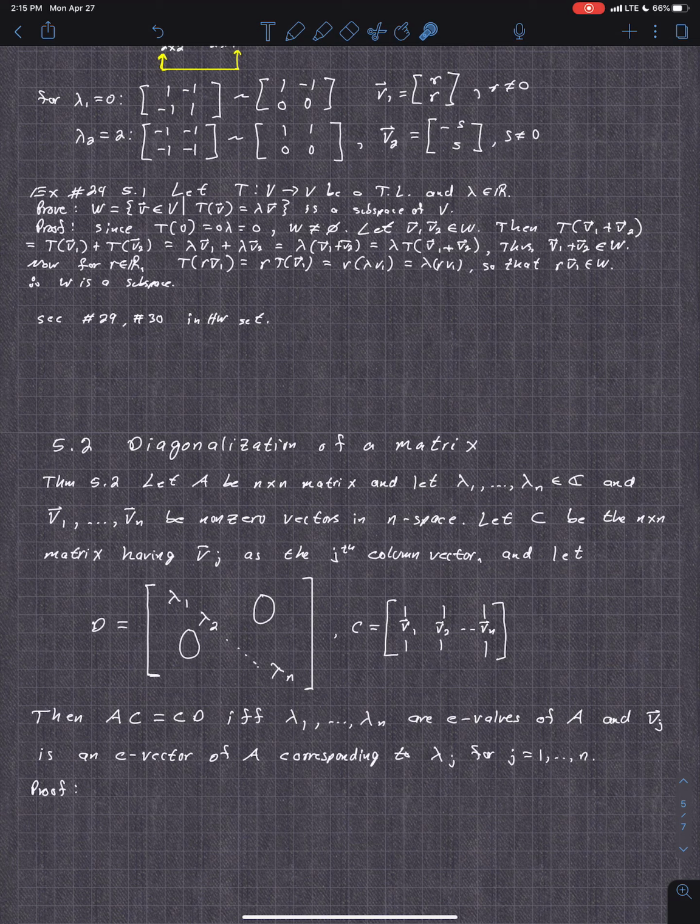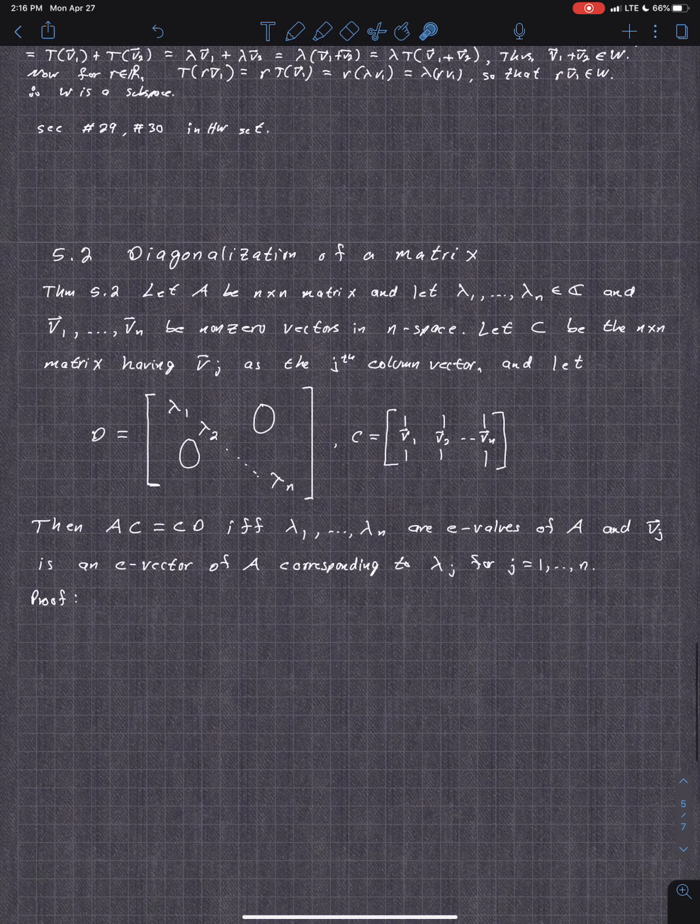So it's closed under scalar multiplication. Therefore, W is a subspace. So 24 is really the more general case to show that the eigenvectors are a subspace as well. But in that case you have to throw in 0. This one, you automatically get 0 because it's a linear transformation. So again, take a look at those homework sets.